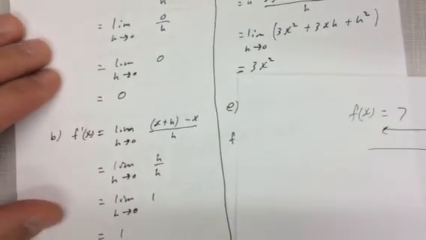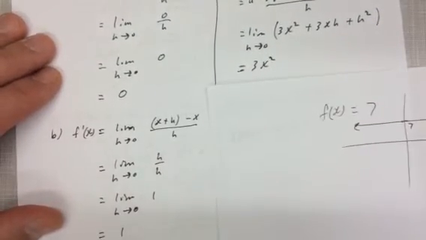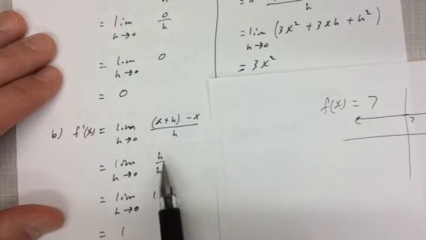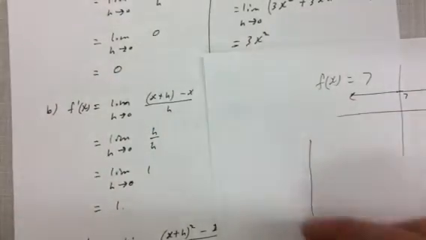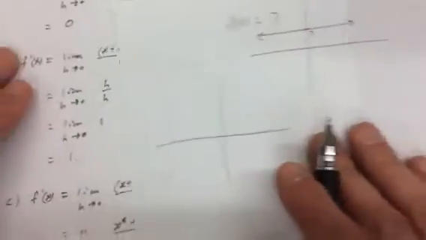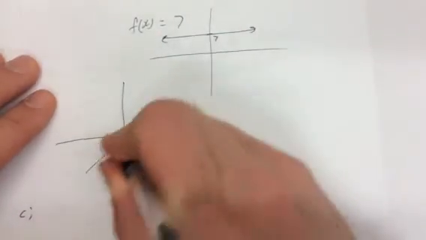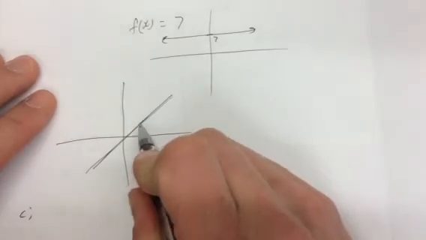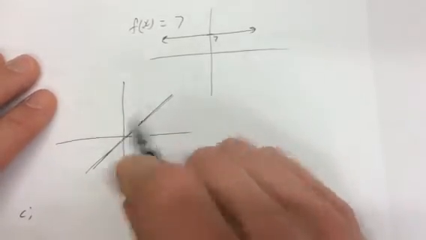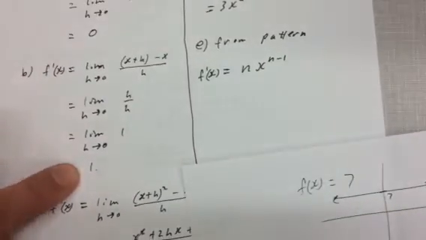Okay, the next one, where it's x, well, we'd go through the same process here, and we get 1. Well, that should make sense too, because if you look at y equals x, that has a slope of 1. So the instantaneous rate of change at any point on there should be 1. So that makes sense.